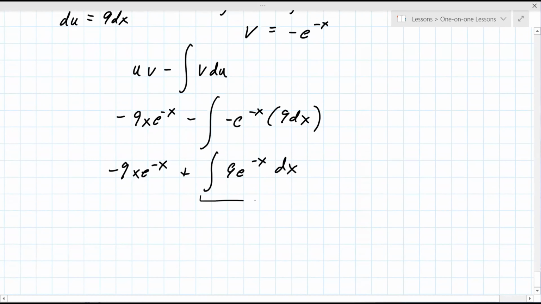And this one you can find the antiderivative of the way you did in the previous section. The antiderivative of e to the minus x is itself, but because of the negative, it has to come out in front. So that's negative 9x e to the minus x, minus 9e to the minus x, plus c.